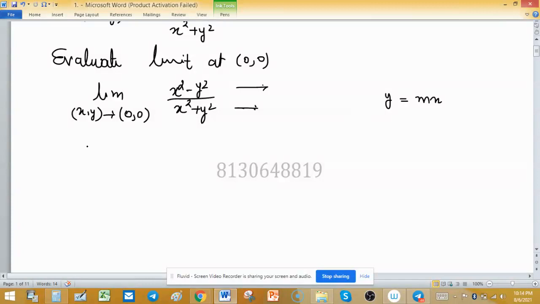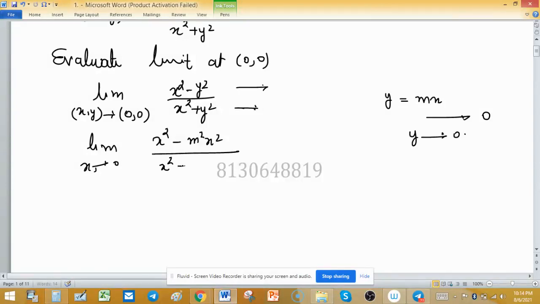As x tends to 0, y tends to 0, so I can write the limit as x tends to 0 of (x square minus m square x square) divided by (x square plus m square x square).